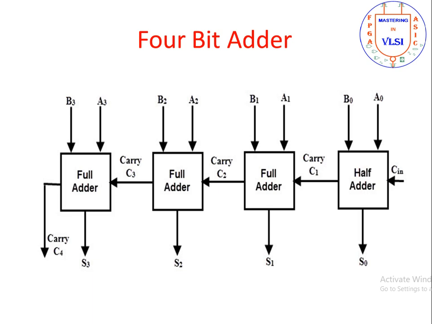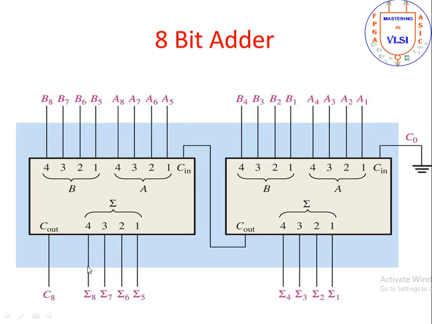By using the full adder, we can implement the 4-bit adder. Here A and B are both 4-bit inputs, and the corresponding outputs are S0, S1, S2, S3. An 8-bit adder is also possible by using two 4-bit adders. For example, A is 8-bit and B is 8-bit. Using the two 4-bit adders, we will get the corresponding output.